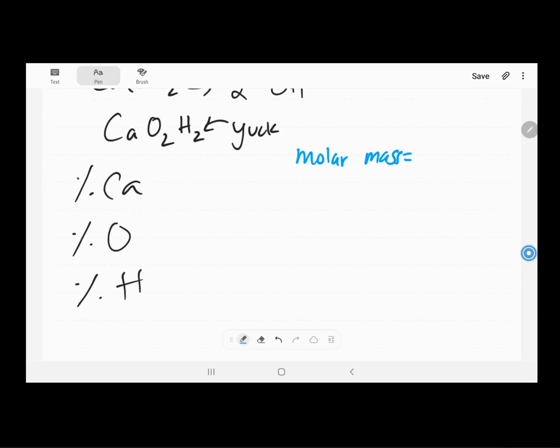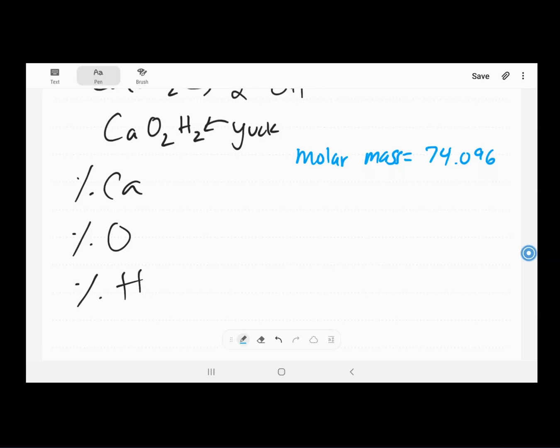Yes, you are going to do 1 Ca over the whole thing. This is what I got when I calculated it. That is our molar mass for this compound. Anybody get anything different? I know I am perfect, but sometimes I make mistakes.